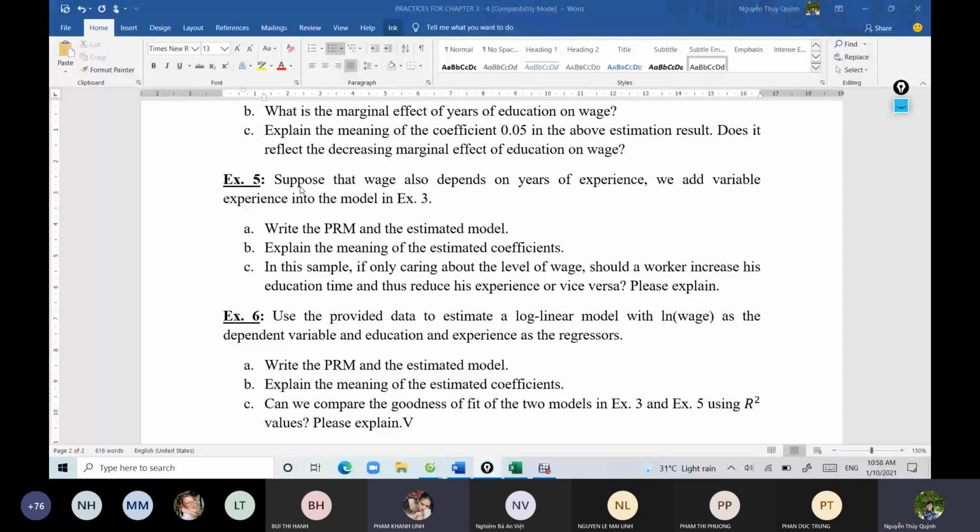Should he increase educational time or experience time?